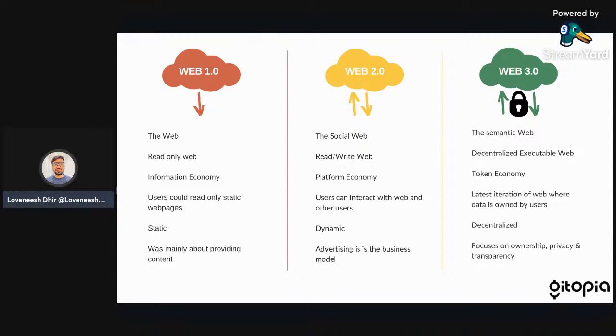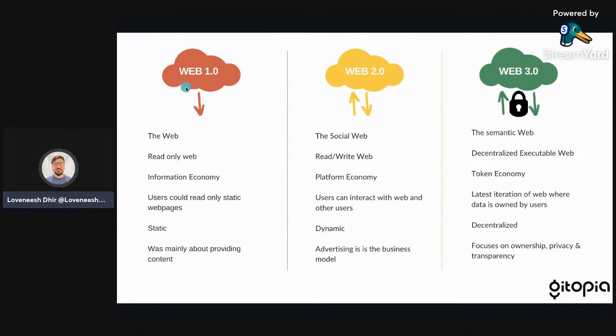And same for Twitter and other stuff. Web 1 was static, Web 2 was dynamic, and Web 3 is decentralized. We'll discuss this decentralized aspect of Web 3 in detail in the coming slides.